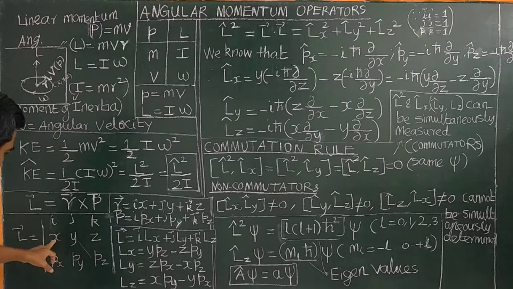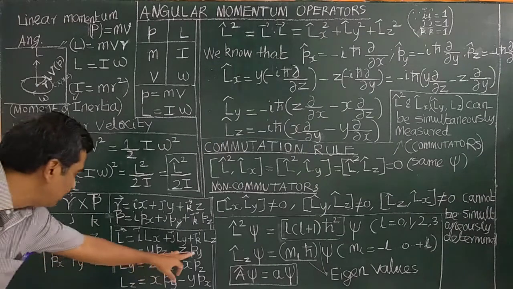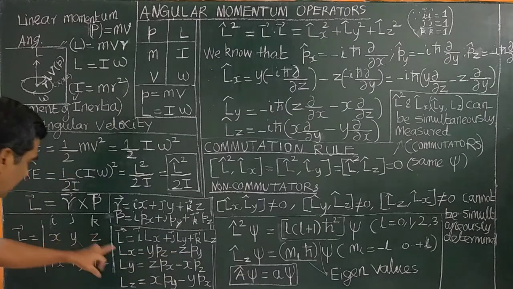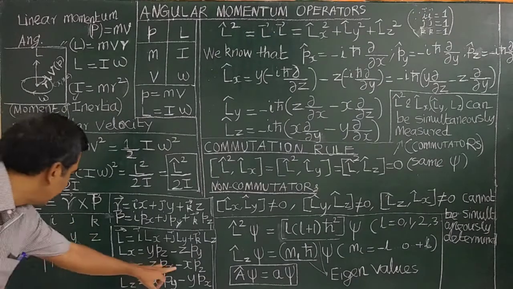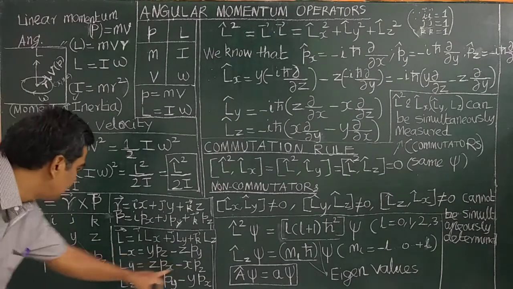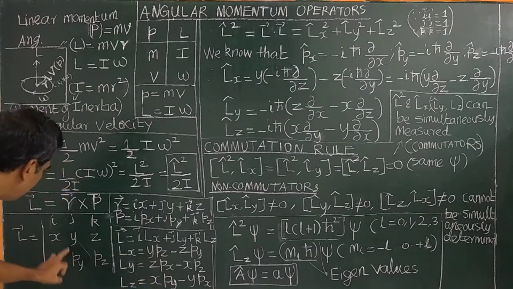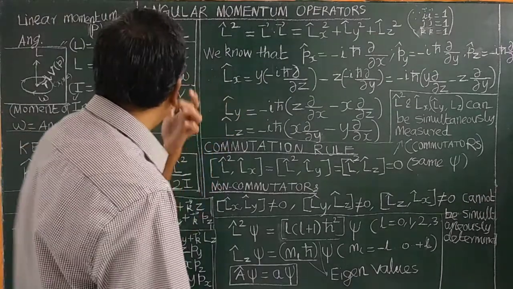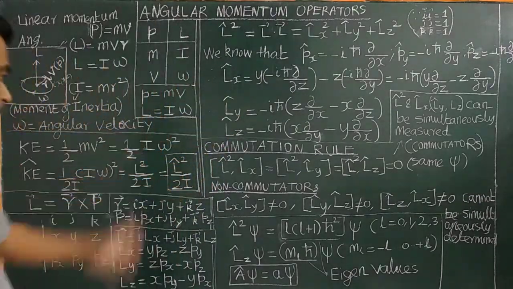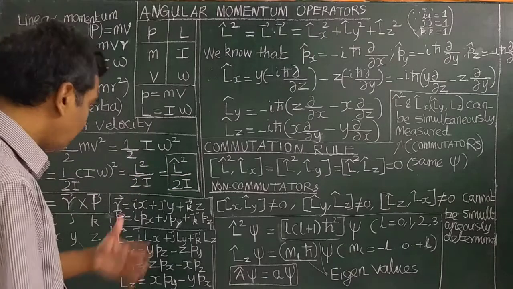Lx equals y pz minus z py, Ly equals z px minus x pz, and Lz equals x py minus y px.